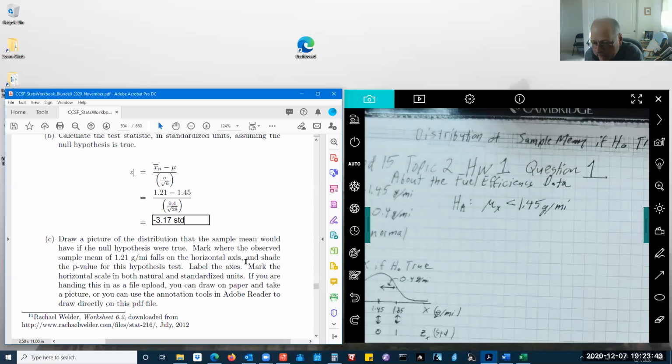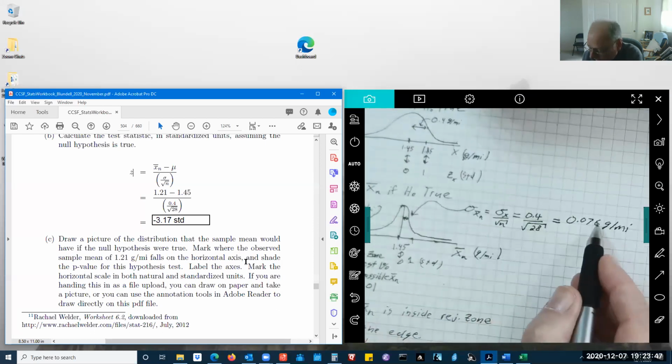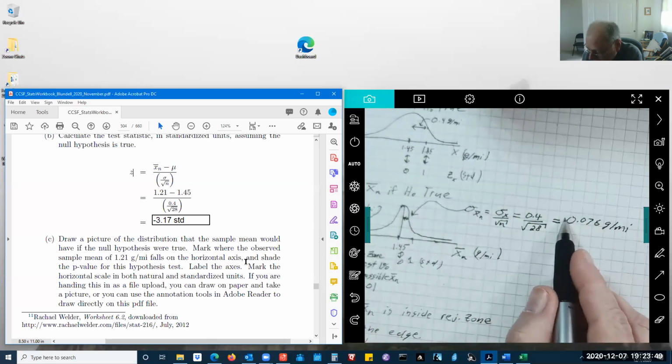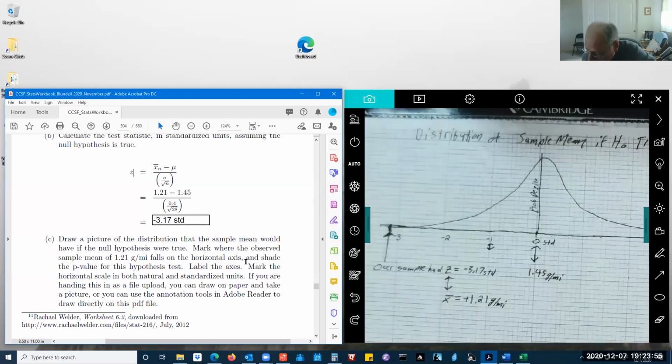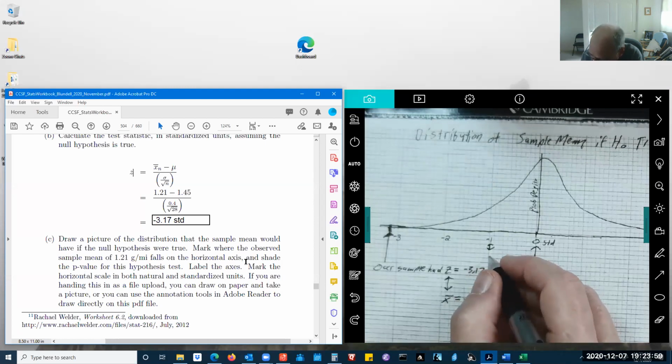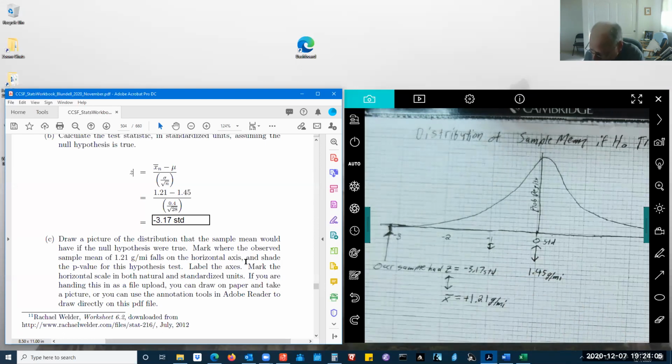Our standard deviation was sigma over square root n. It's this, okay? So it's roughly 0.08 grams per mile. So how many grams per mile is -1 STD?